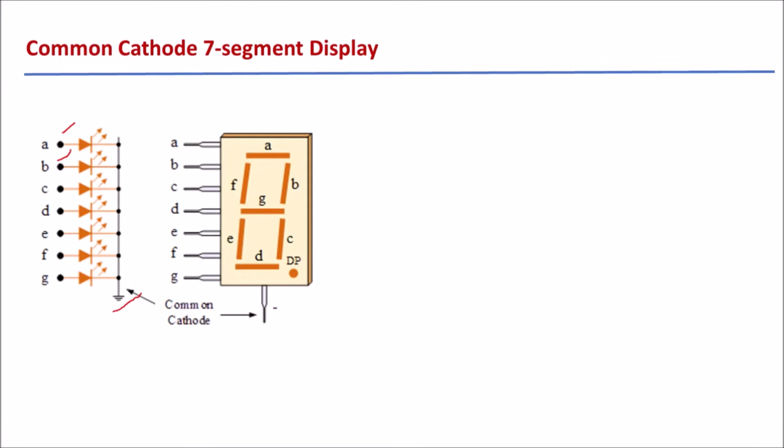So to glow a particular segment in common cathode display, we have to connect logic 1. So the user has to apply a logic 1 at the segment terminal to glow a particular segment.